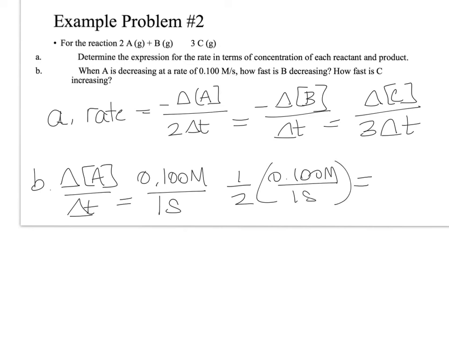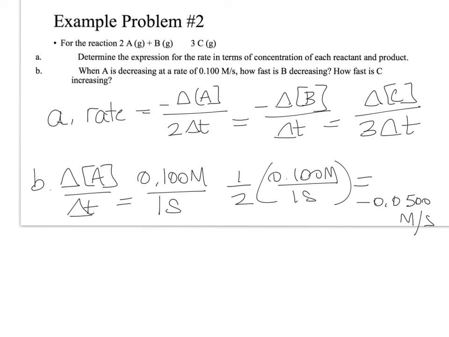Okay, because A is twice as much as B, so we're going to divide by 2. That tells us that B is decreasing at a rate of 0.05 molarity per second.